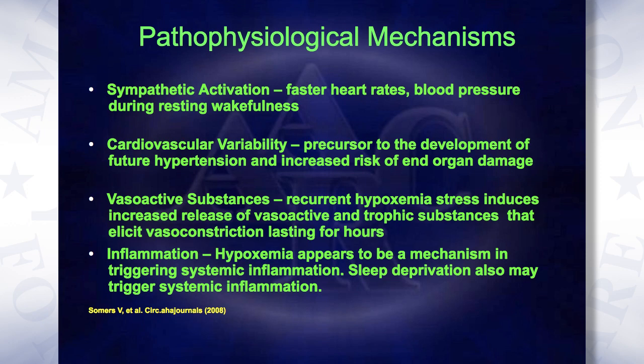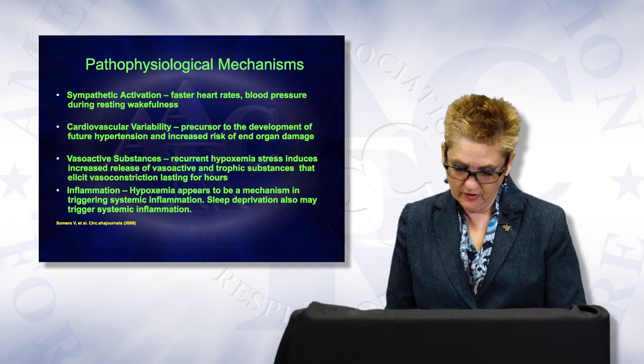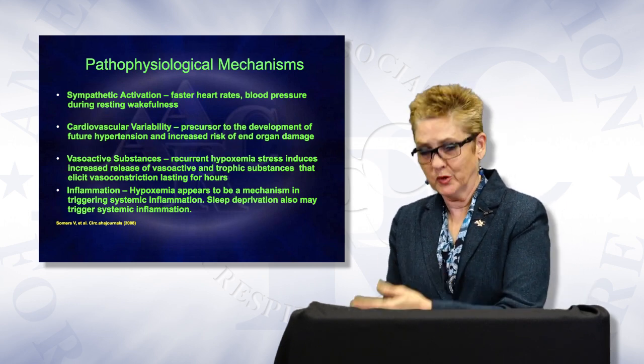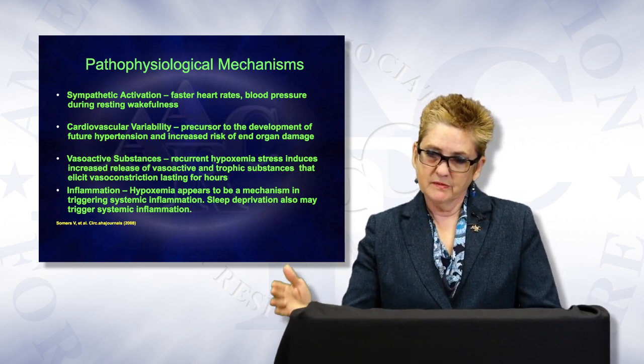That hypoxemia appears to be the mechanism to trigger the inflammation, and that sleep deprivation may also have a role in that because you're constantly waking up to breathe, and so this triggers this inflammation, and once that occurs, then we keep going down the rabbit hole because we don't have time to treat the underlying cause.